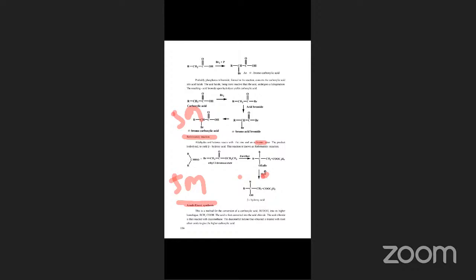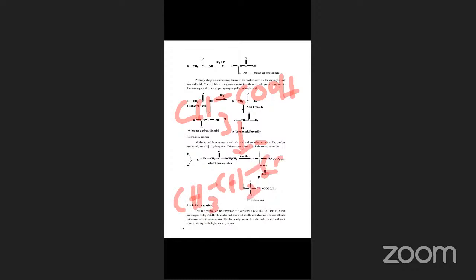See, simple method. What does Arndt-Eistert mean? Lower carboxylic acids go to higher carboxylic acids. For example, CH3COOH. How many carbons are there? 2, sir.